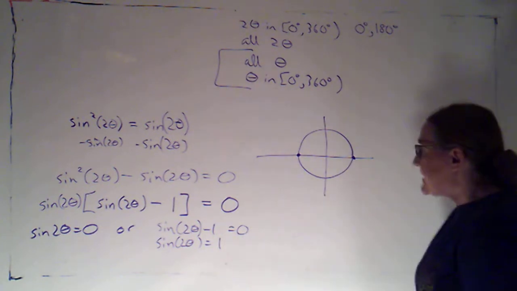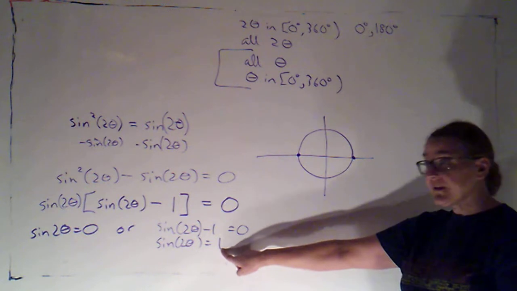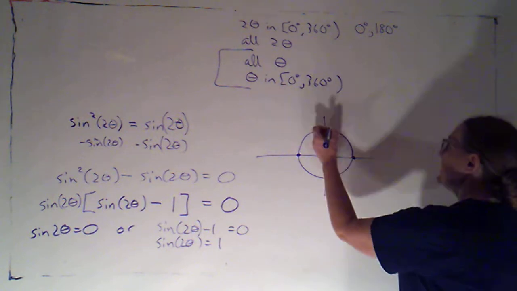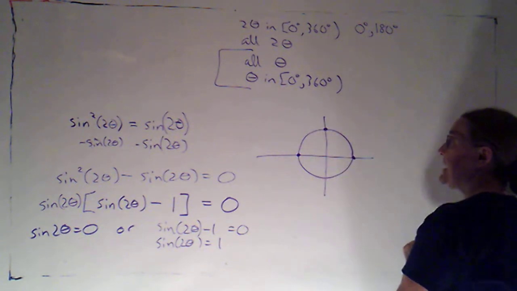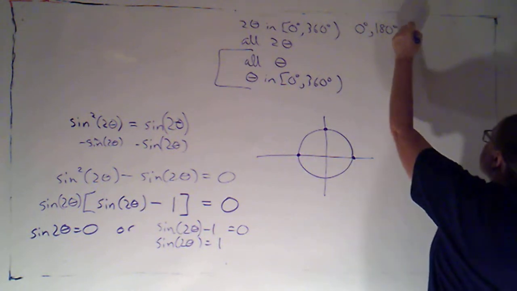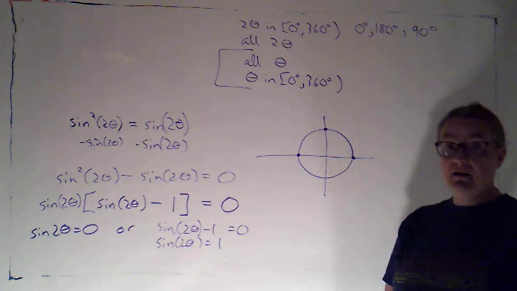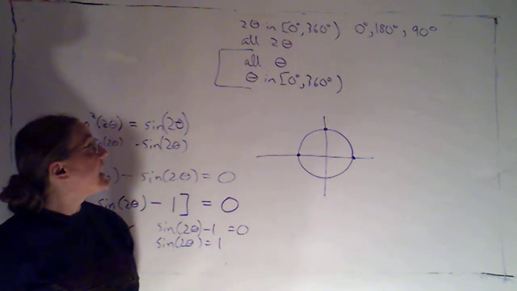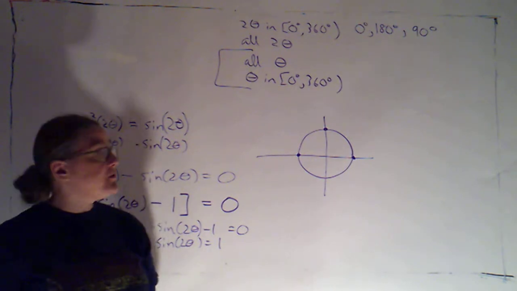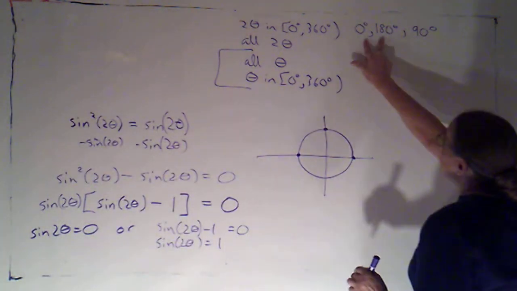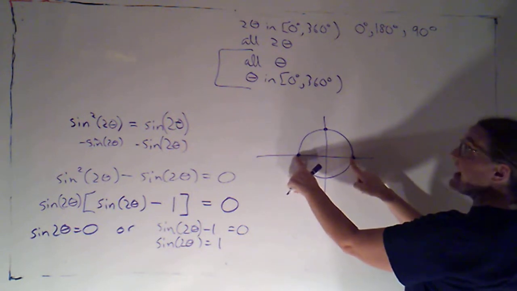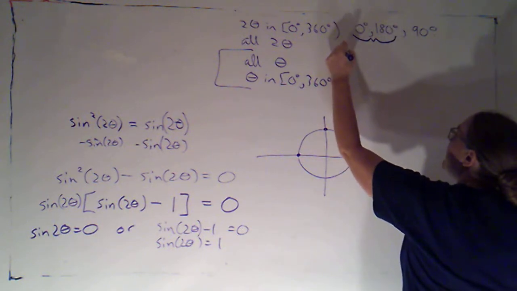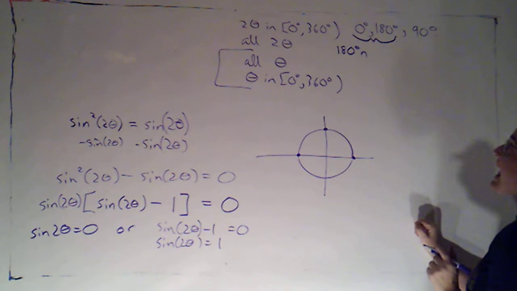Now, if sine of 2 theta is equal to 1, that's also a special value. That's the biggest that sine can be. That only occurs at the high point right here. And between 0 and 360 degrees, there's only one angle that actually has that value, and that would be 90 degrees. So if I look for all values of 2 theta, I might notice that these guys are 180 degrees apart. So I can consolidate that, and I can just say 180 degrees times n.